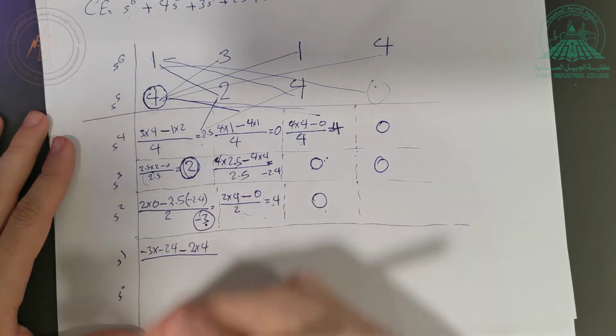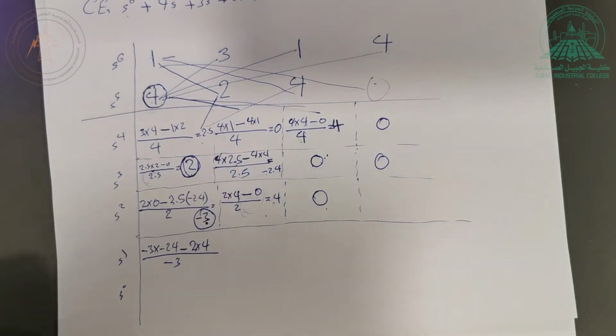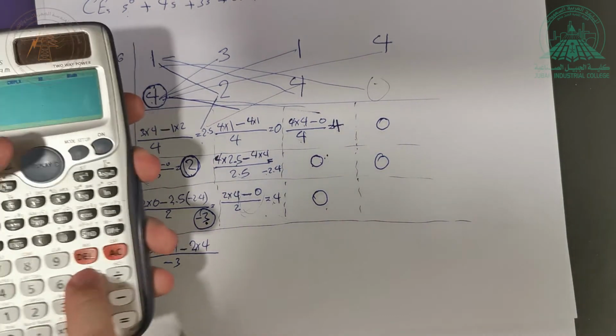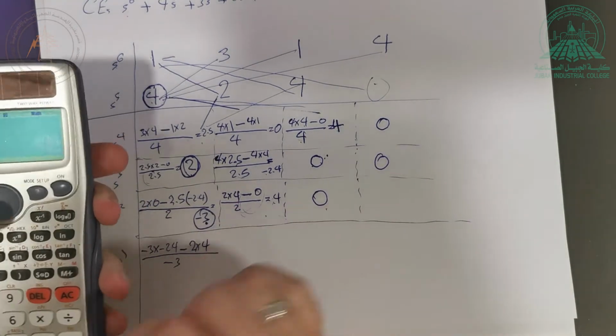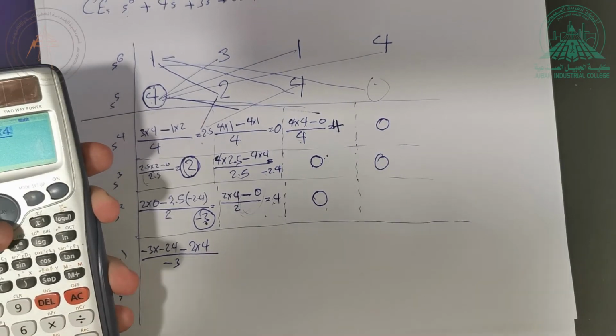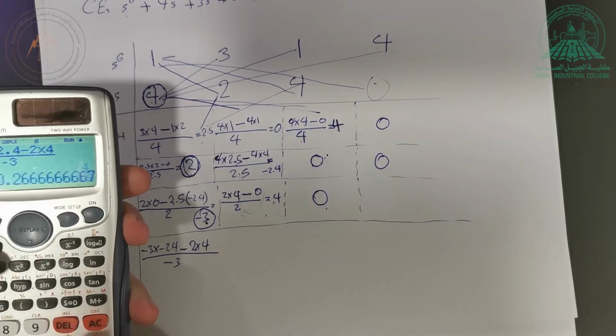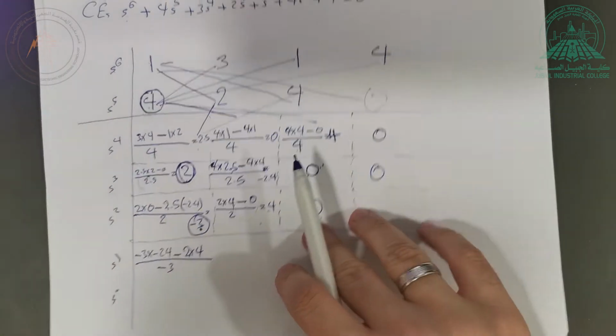Divide by this one above, so divide by minus 3. How much does this give me? Minus 3 multiplied by minus 2.4, minus 2 multiplied by 4, divided by minus 3. What do I get? I get 4 over 15.